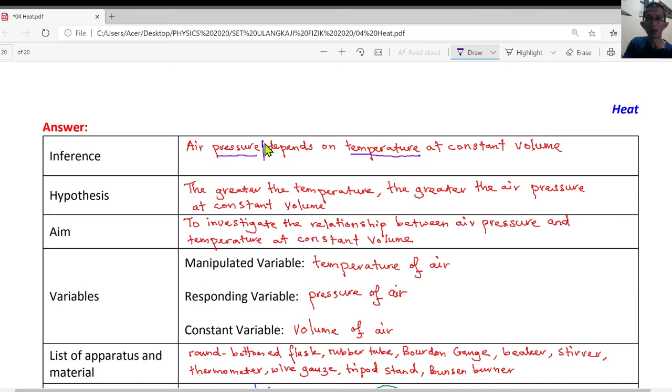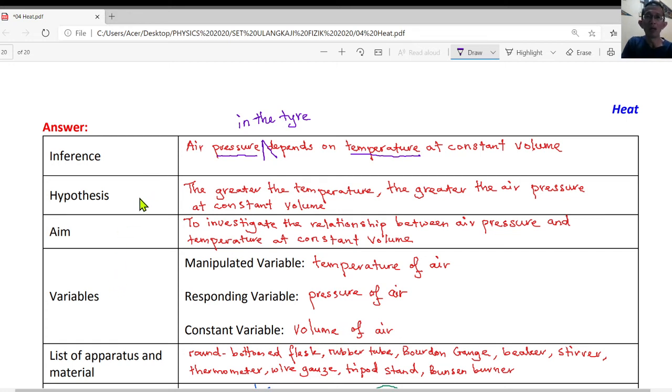I can also write here: the air pressure in the tire depends on the temperature at constant volume. Remember that the inference must be written based on the diagram given, but the hypothesis onward must be something that you can do in the lab.